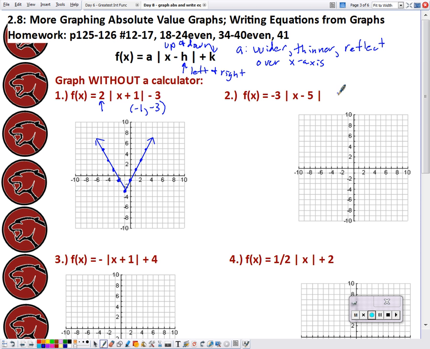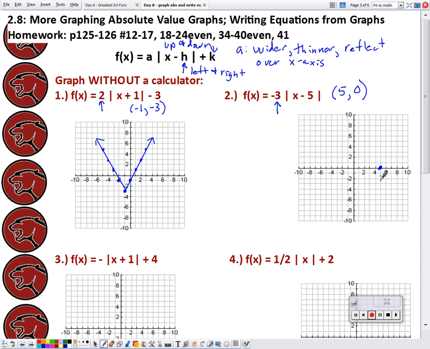As you write down number 2, I want you to think to yourself, where is the vertex? Okay, for number 2, it's x minus 5, and we want to remember that that minus is part of our general function formula. So it's going to be at 5, and then there's nothing out here, so it's 5, 0. So we're all going to go to 5, 0 and put down our vertex. A is negative 3, so this one is both thinner and reflects over the x-axis because it's negative.